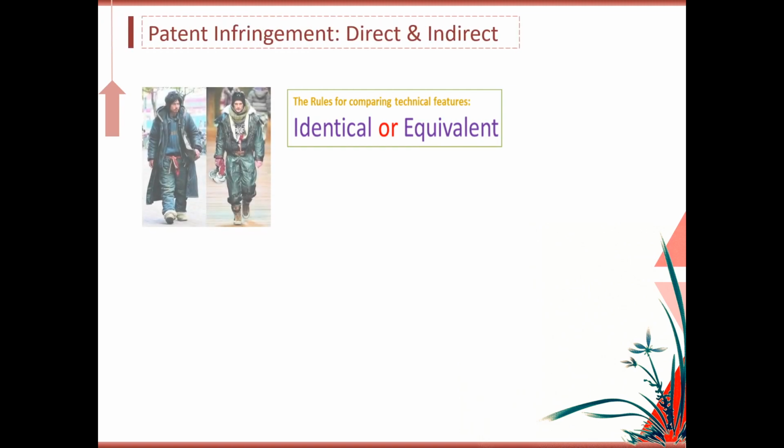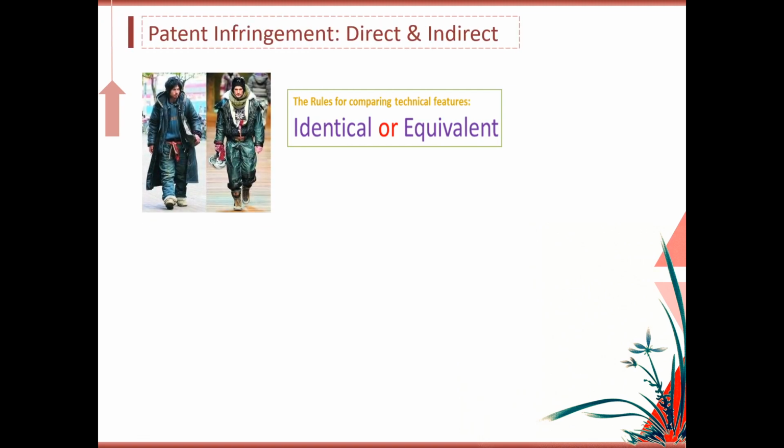So now you see the general rule to establish a patent infringement is that the accused product at issue contains technical features that are either identical or equivalent to the technical features patented by the plaintiff.